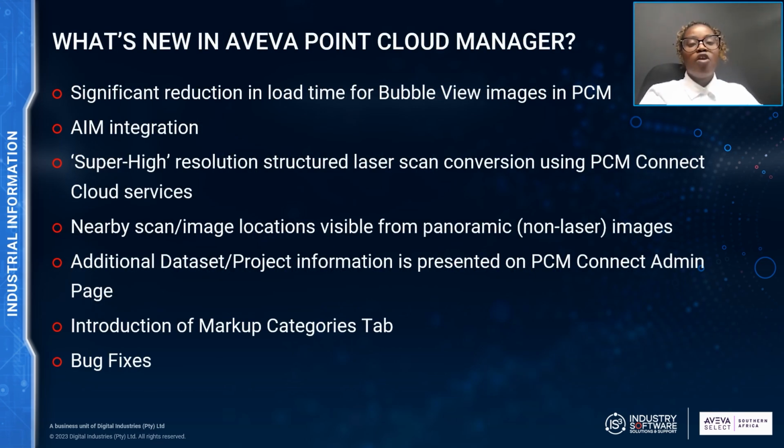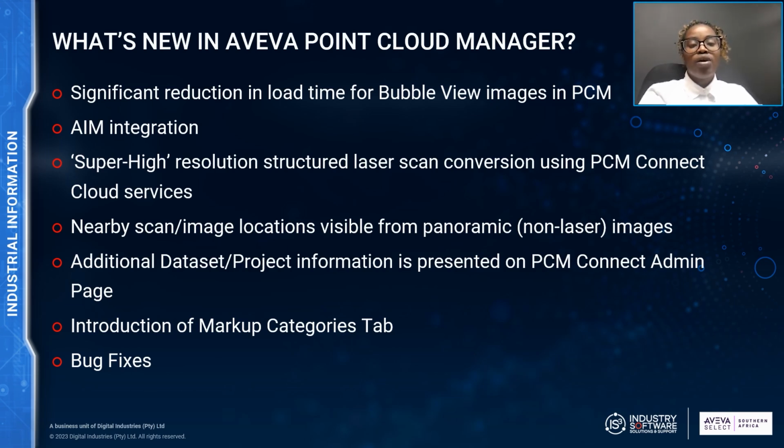The new version of AVEVA Point Cloud Manager offers a significant reduction in load time for bubble view images in Point Cloud Manager. It allows asset information management integration. It has super high resolution structured laser scan conversion using Point Cloud Connect cloud service.